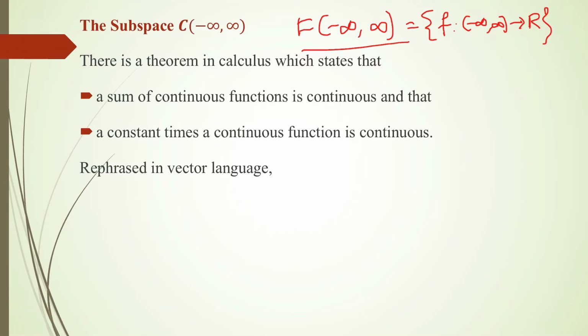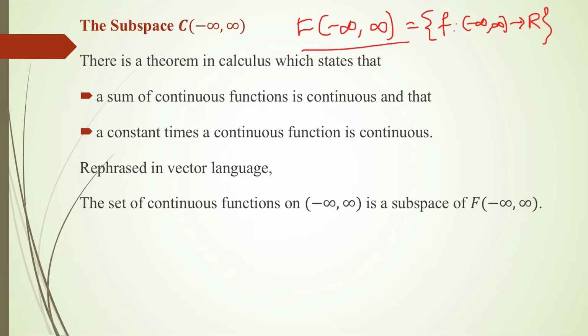So we can say that the set of all continuous functions on (-infinity, infinity) is closed under vector addition and it is closed under scalar multiplication. Therefore, this will form a subspace of F(-infinity, infinity). And we will denote this subspace by C(-infinity, infinity).